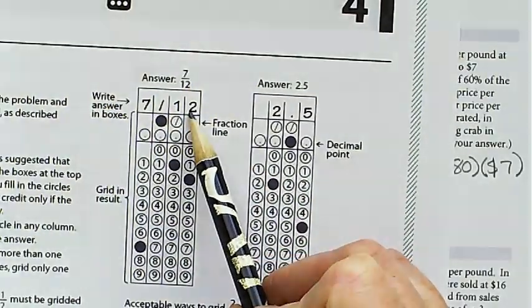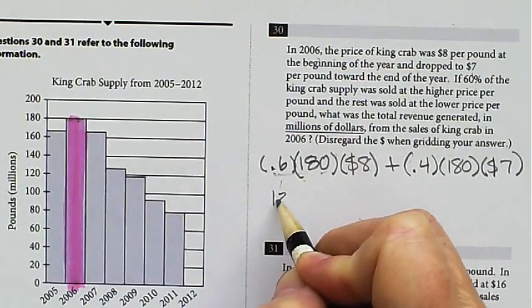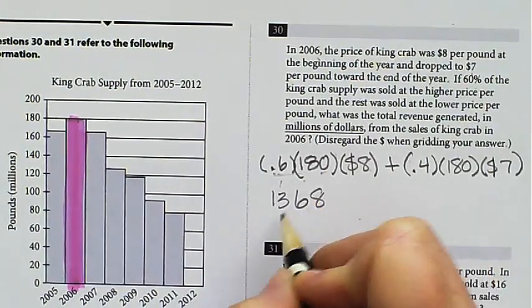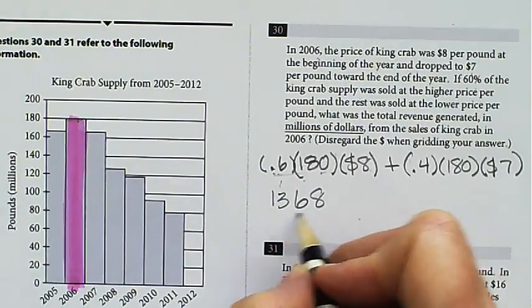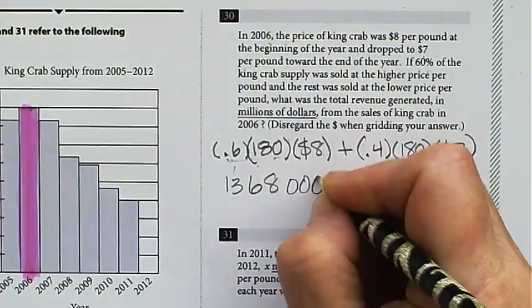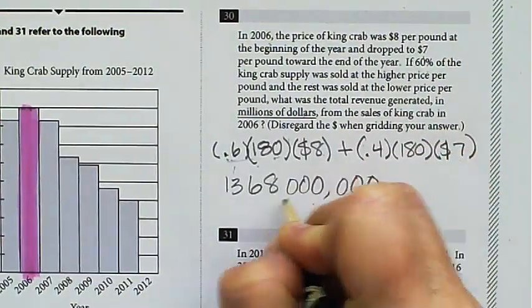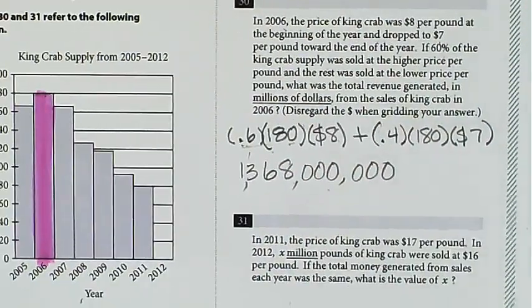There's 4 spaces. Because that's the answer. It's $1,368 million. This is already in millions. So that's what you would put. So the real answer is this, but you can't put all of that in your grid-in.